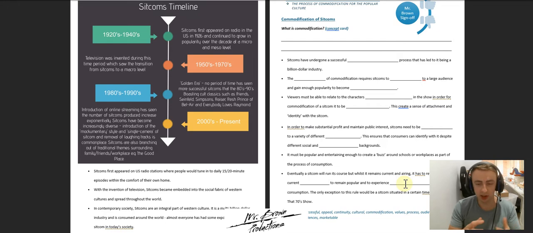So in order for sitcoms to be able to be commodified or put into a selling process, the content itself has to be popular enough to get a global audience on board. So what you'll probably find is that US and UK sitcoms often gel really well with an Australian audience down here, because we typically hold very similar values to those two societies.